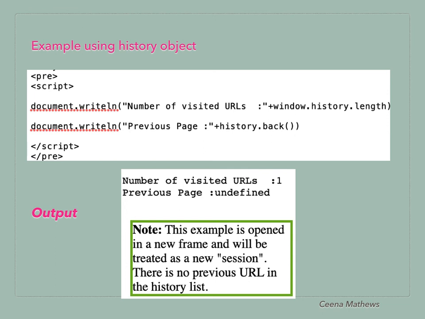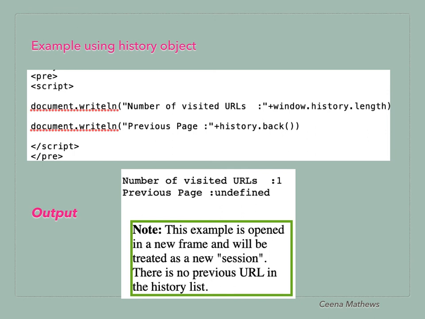This is an example using history object, where I have used length property, and you can see the result as number of visited URLs as 1. This is because in this example, you can see the note, read the note. This example is opened in a new frame and it will be treated as a new session.